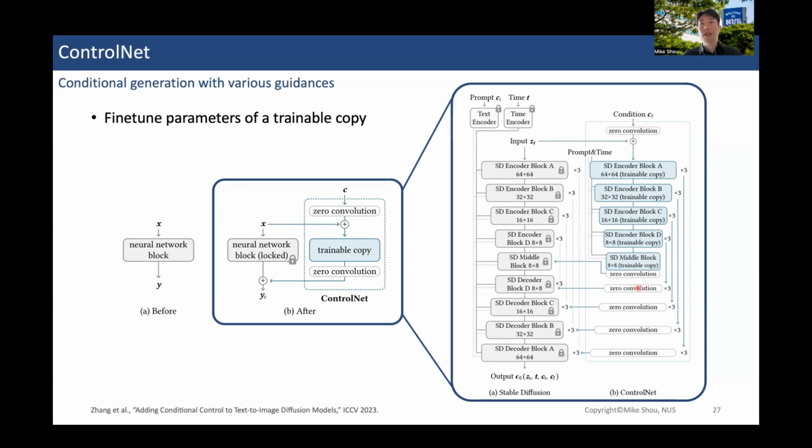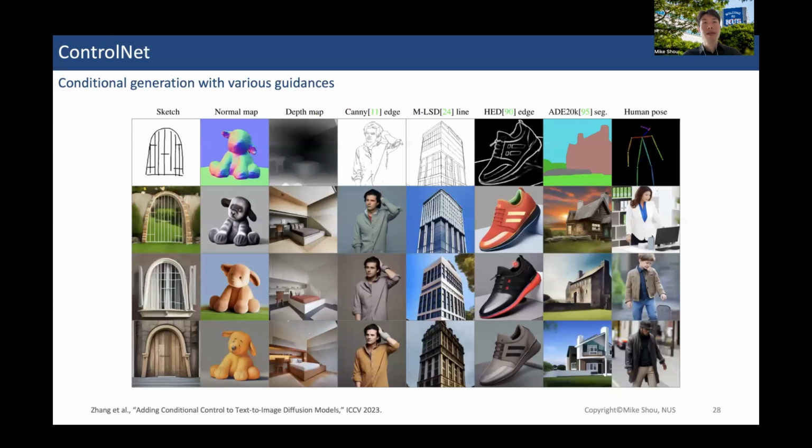And they would fuse the output of this copy part and also the original stable diffusion. And they can handle a variety of different conditions, like the sketch, like the depth map, and so on and so forth.